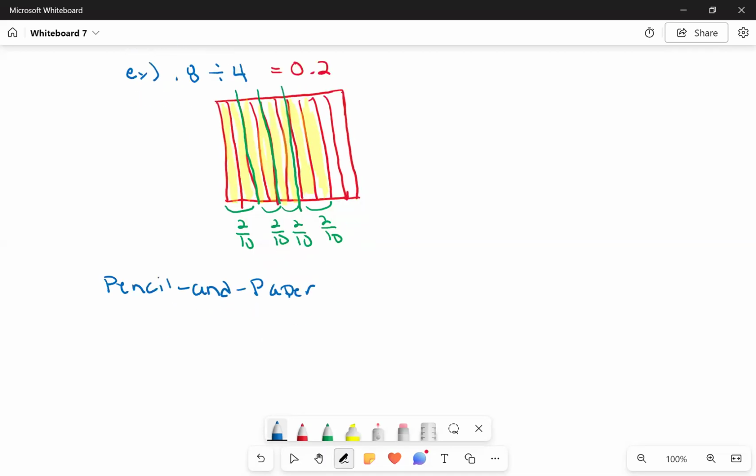So we will move the decimal in the divisor, which also moves it in the dividend.